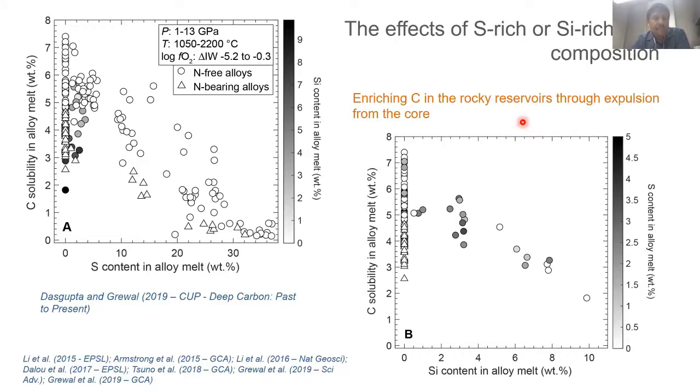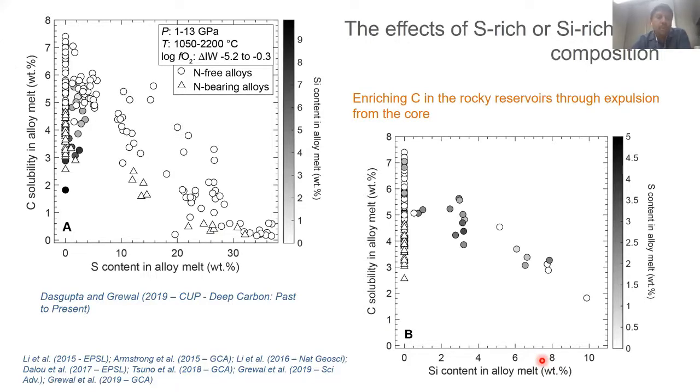So if this is the case, now we have the possibility of enriching the carbon in the rocky portions of the planetary reservoirs through expulsion of carbon from the core. Why? Because the limit to which carbon can enter the core can now be set at a fairly low value, depending on the sulfur abundance or the silicon abundance of the core, right?